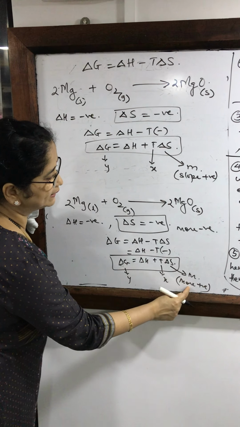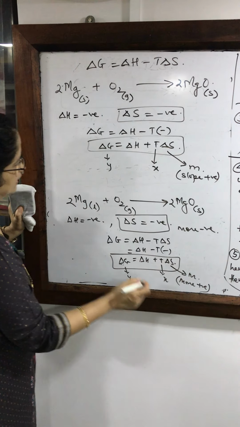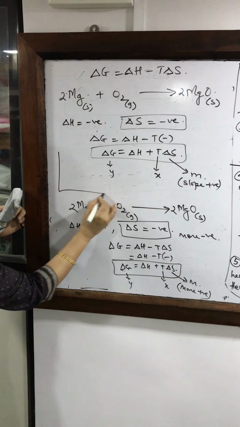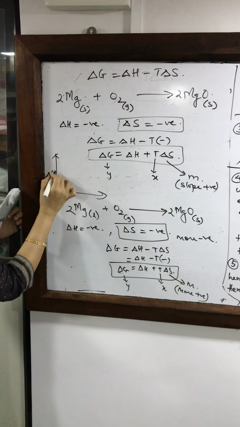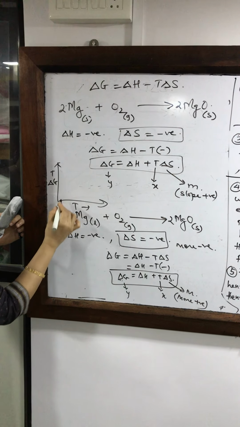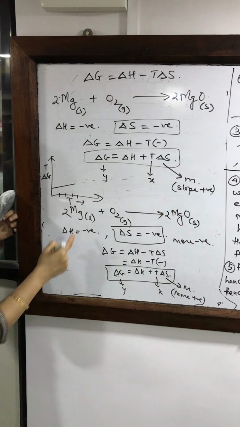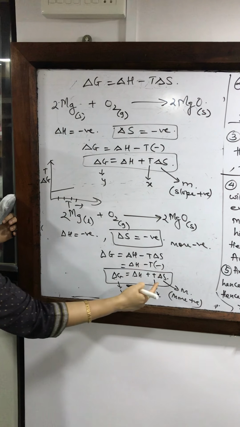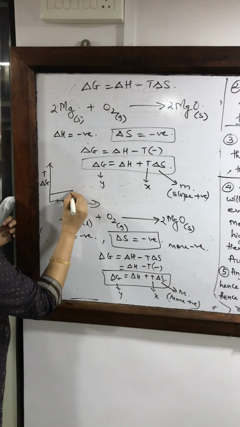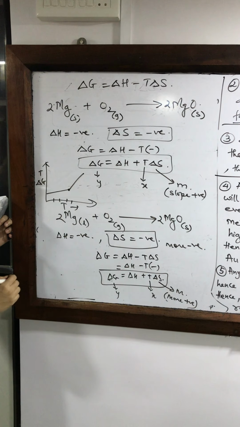So here this equation when plotted will give us a slope which will be more positive. That means in this case there will be an abrupt increase. So if we plot a graph of delta G versus temperature for magnesium oxide, then initially it will increase with increase in temperature, but when the magnesium melts, the slope will become more positive and suddenly it will increase.